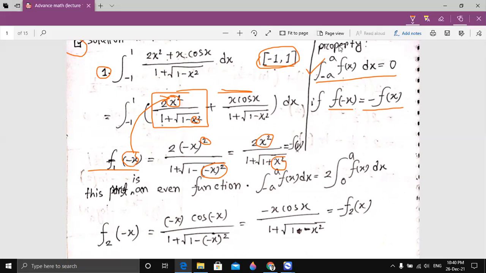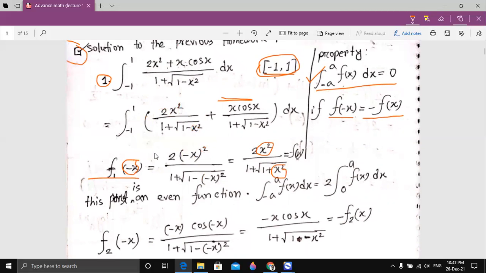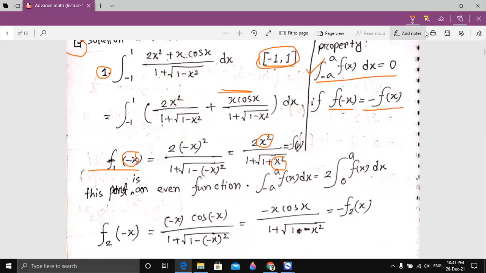So we find that they are the same, right? f of minus x is equal to f of x. Guys, see here, f of minus x is equal to f of x. That means it is an even function.